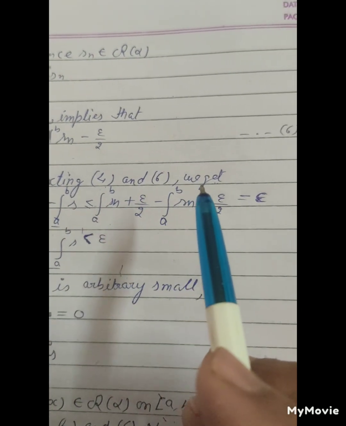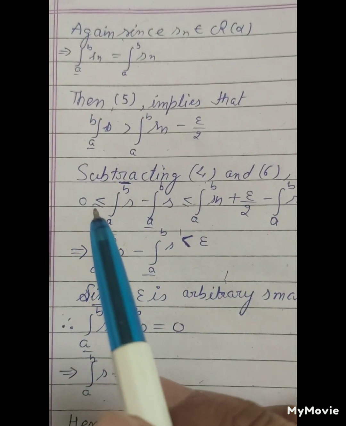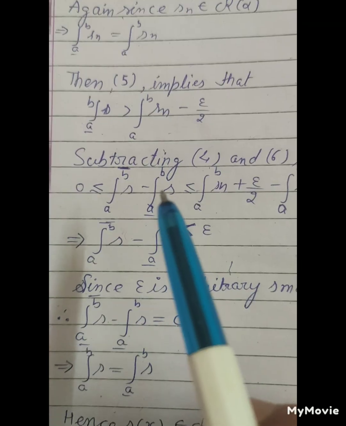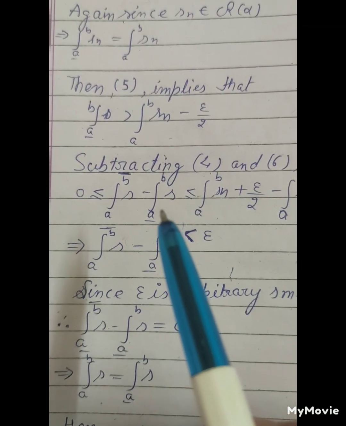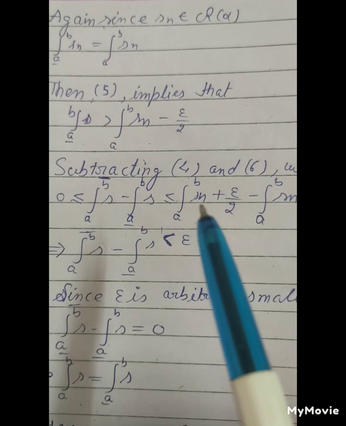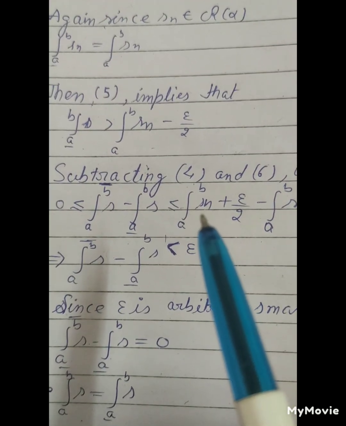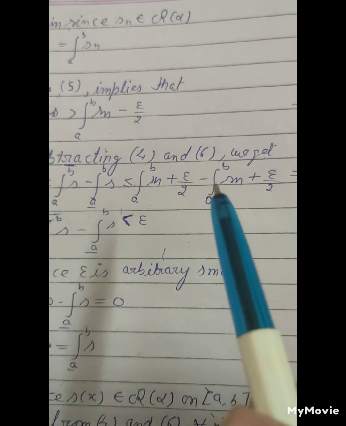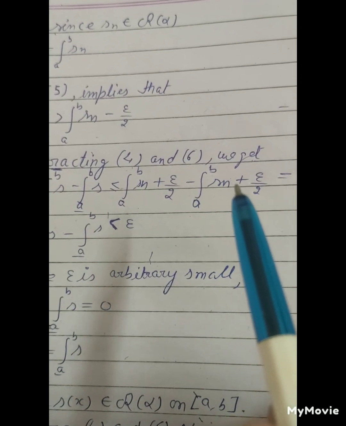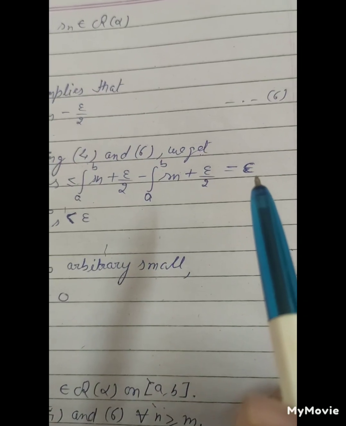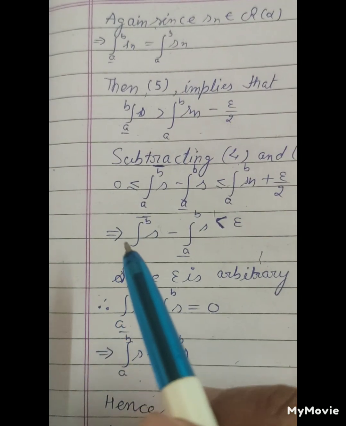Subtracting 6 from 4, we get 0 is less than or equal to the upper Riemann integral of s minus the lower Riemann integral of s, which is less than or equal to integral a to b of S_n plus epsilon upon 2 minus integral a to b of S_n plus epsilon upon 2, which equals epsilon.